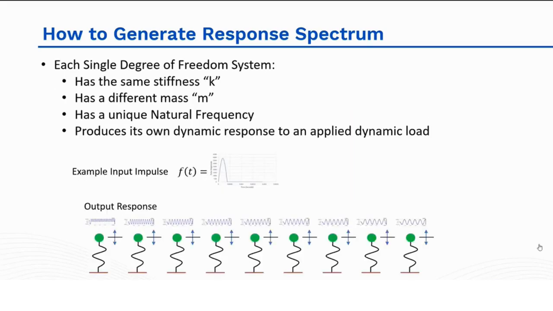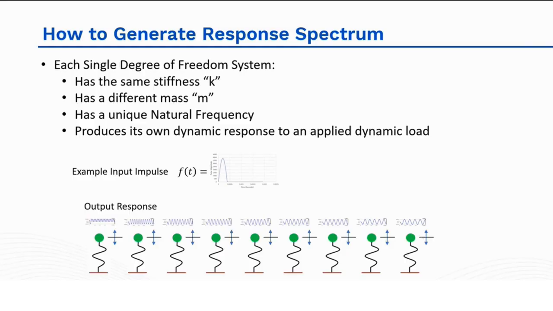If I have a collection of single degree of freedom oscillators, and I have a load that I want to learn what the response spectrum would look like, I would define my load, I would perform a transient analysis, and I would get my response at each one of these different single degree of freedom systems.